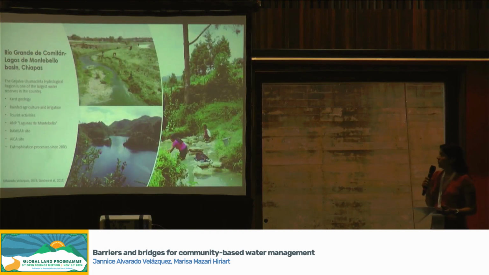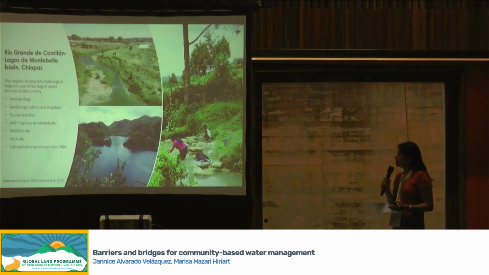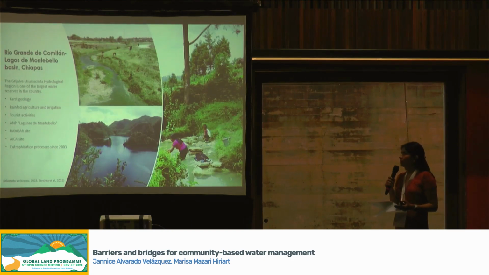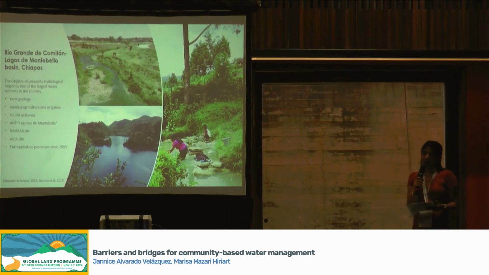This study was carried out in Rio Grande, Comitán, Chiapas. It's a basin located on the border with Guatemala, and these people don't have water services. It is inside the Grijalva-Usumacinta region, one of the most important regions in the country.